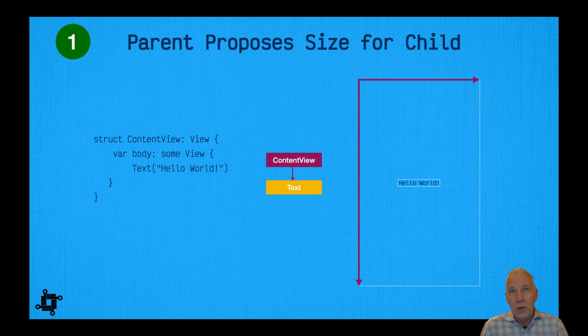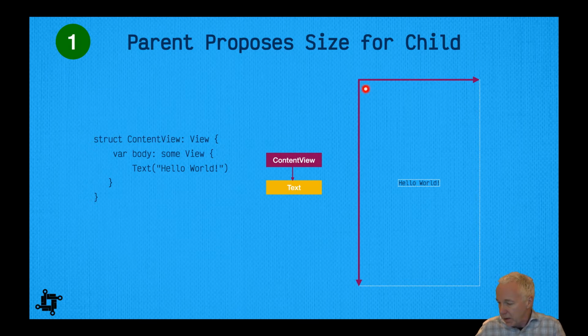The first thing to think about is that sizing is going to go through 3 steps. The first step is where the parent proposes a size to its child view, and that's what's being represented right here. We have a content view, which just got its name from that struct.